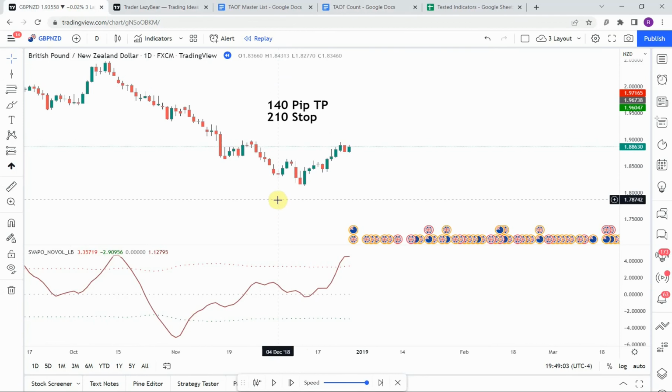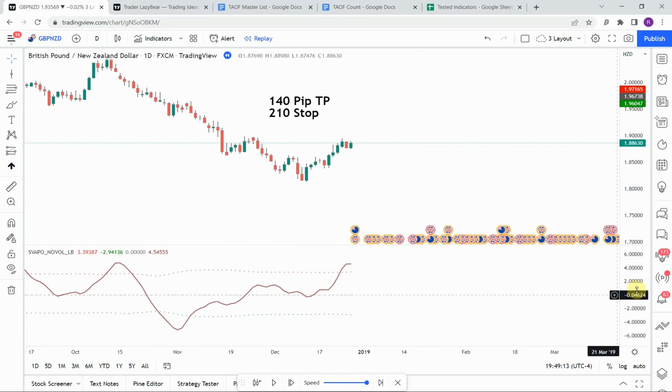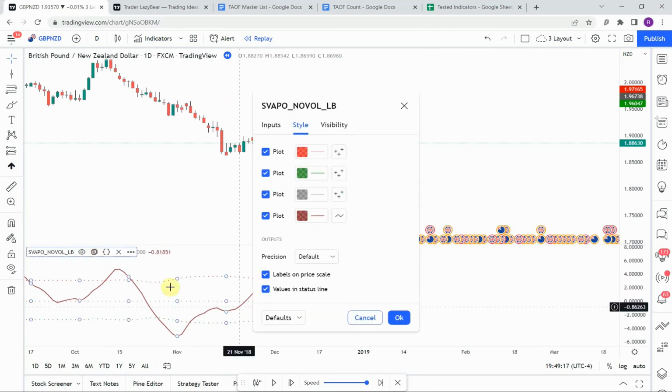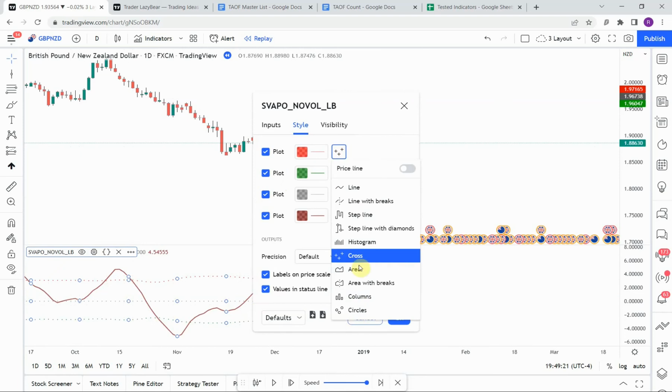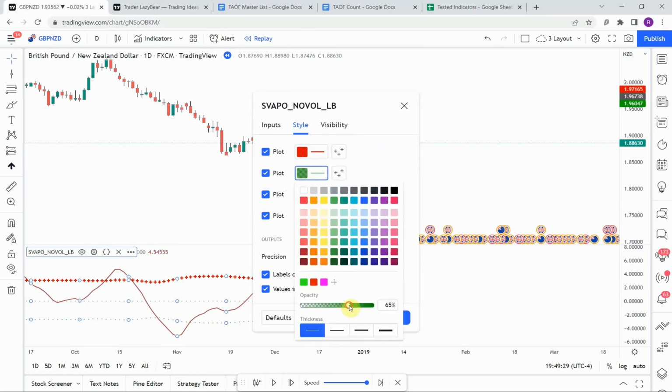Okay, so today's indicator is the no volume SVAPO indicator, and you can see it here on the bottom of the screen. So what we have is an oscillating line there, and let's see if we can bump up these areas just a tad bit more here.